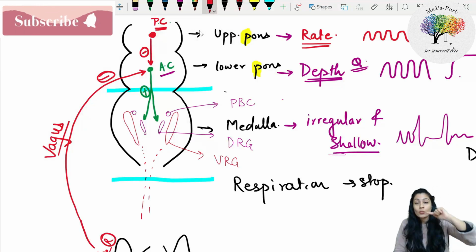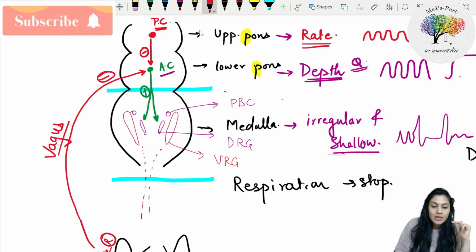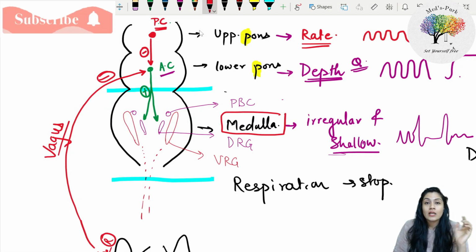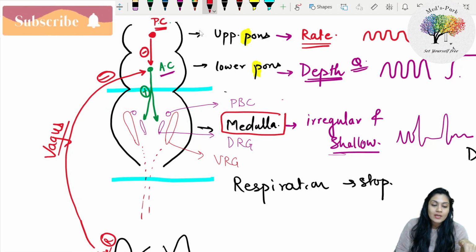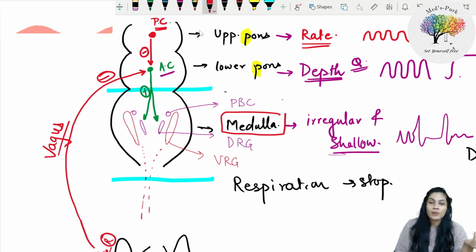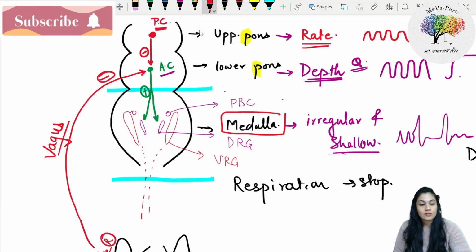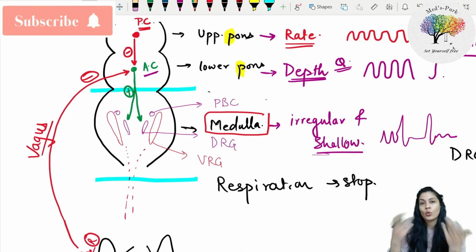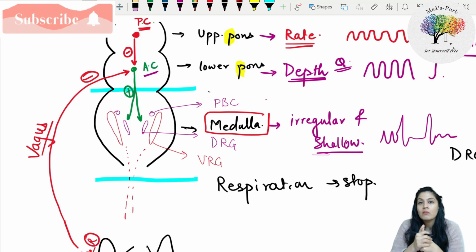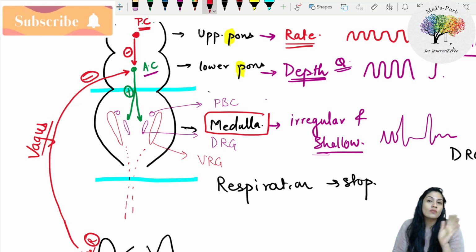The on-off center is present in the medulla, so whatever signals are generated in the medulla will be able to go towards the lung, and they will be able to stimulate the I neurons. And whenever the overdrive is there, the E neurons also, and they are able to stimulate the inspiratory muscles and expiratory muscles. So that's why the respiration will occur.